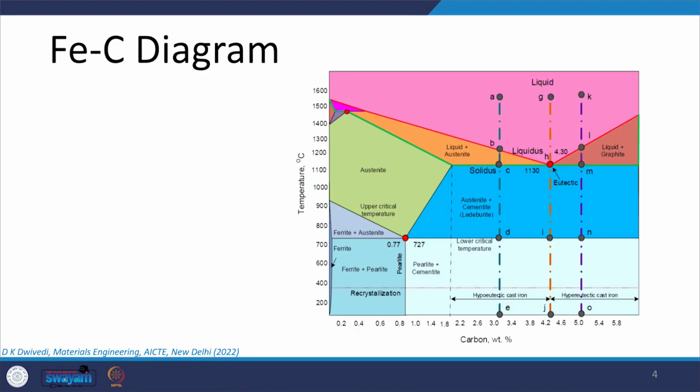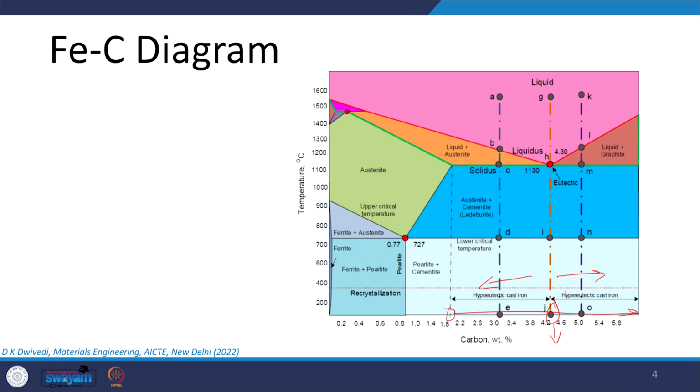Just for better understanding, this is the iron carbon diagram. If you see here, this is the zone or the bandwidth for the cast irons, from 2 to 6.6%. This is 4.3% corresponding to the eutectic cast iron, then hypoeutectic on the left side, and on the right side it is hypereutectic.